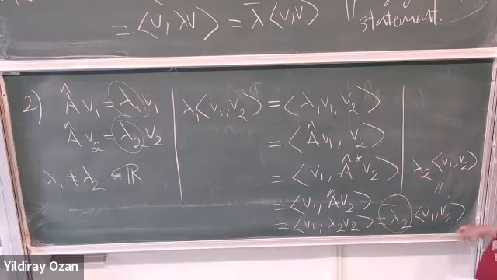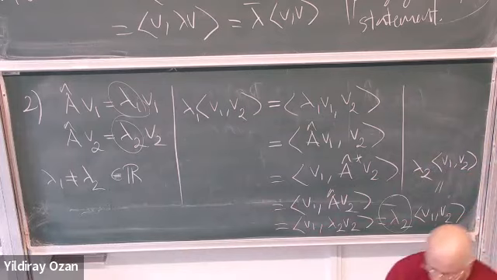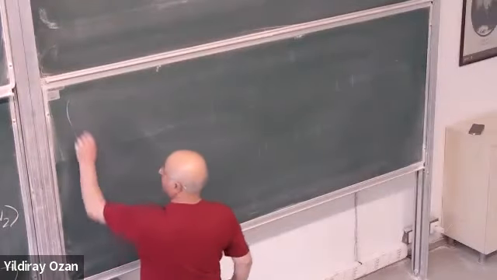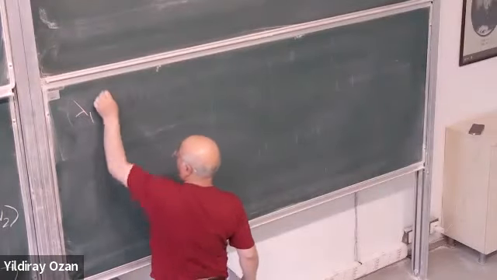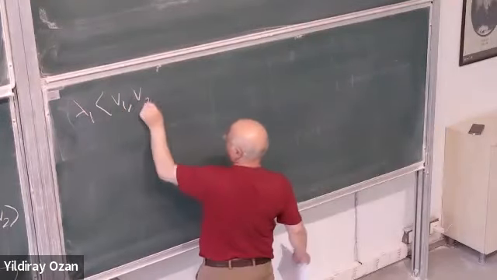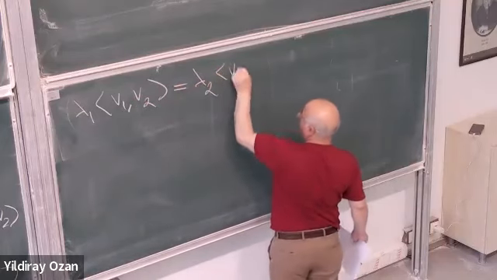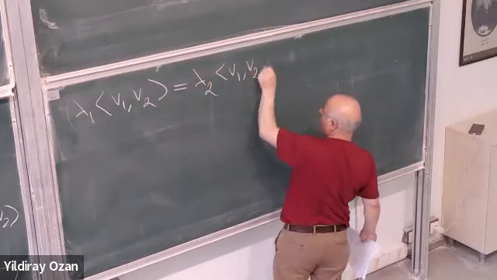So what we have seen is that lambda 1 times V1, V2 is equal to lambda 2 times V1, V2.